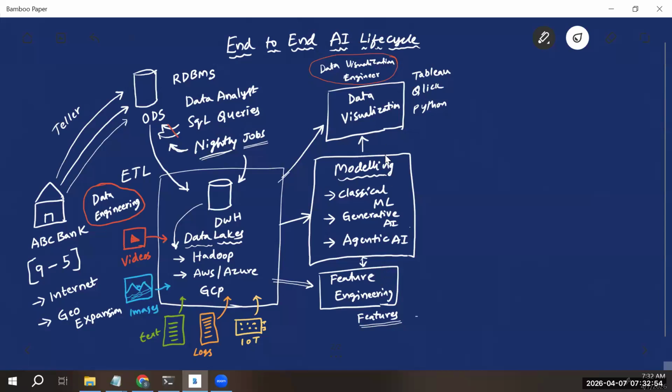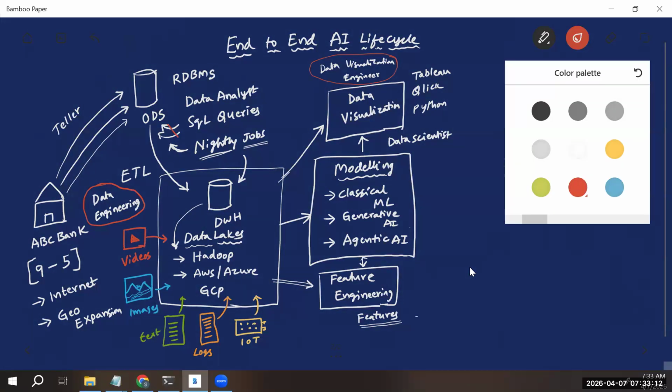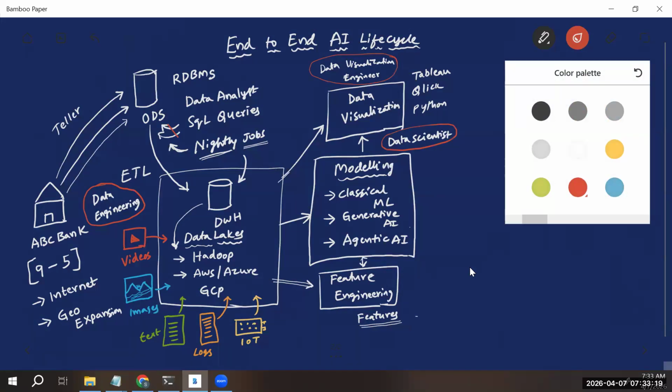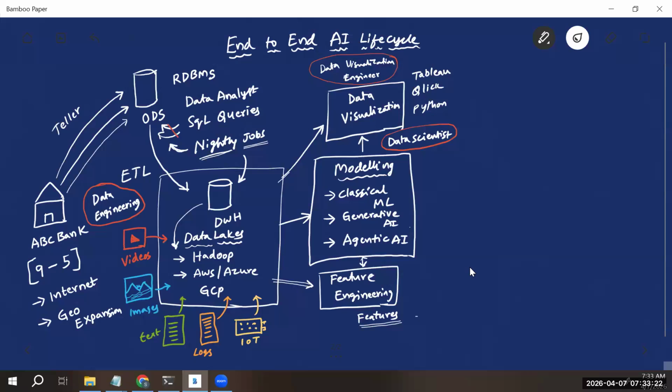So these are the job roles that are very essential here. People who work in the classical machine learning space are called data scientists. Likewise, the people who work in the generative AI and agentic AI space are called AI engineers.